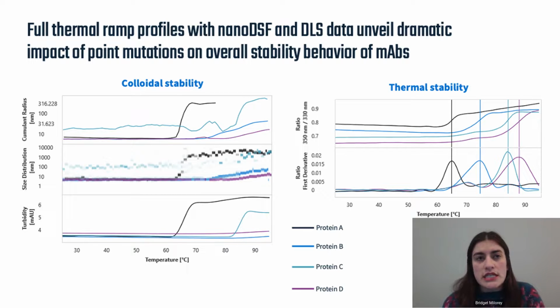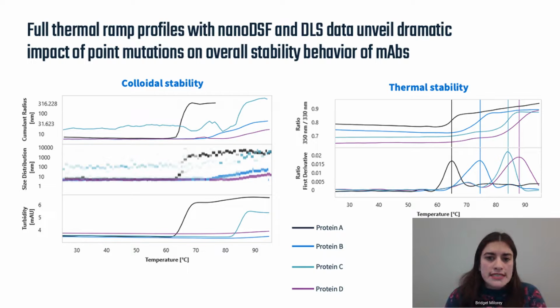And let me just use the rest of the data from that point mutation analysis we were talking about earlier, and this will help me illustrate the importance of assessing other parameters as well. So here on the slide, we have a side-by-side view comparing the colloidal stability versus the thermal stability.